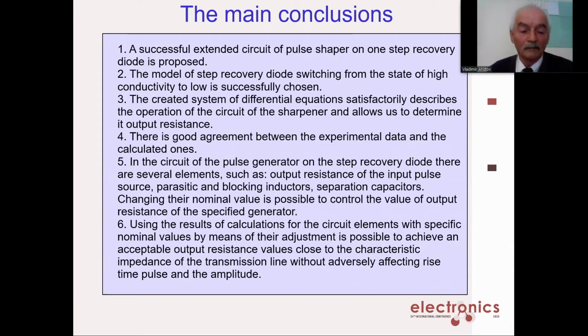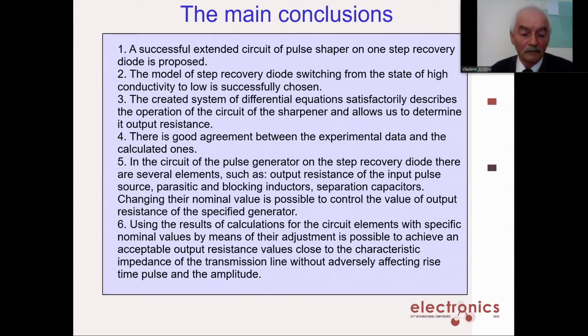5. In the circuit of the pulse generator on the step recovery diode there are several elements, such as output resistance of the input pulse source, parasitic and blocking inductors, separation capacitors. By changing their nominal values it is possible to control the value of output resistance of the specified generator. 6.